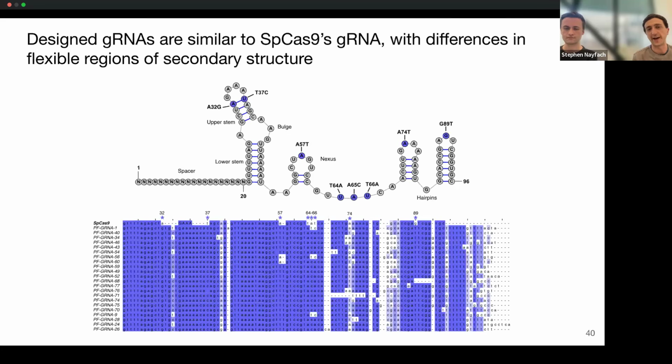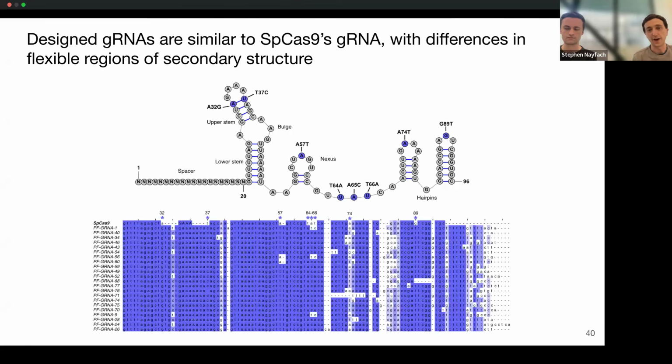Another interesting result we found was that, so maybe I'll take a step back and walk you through this figure. In the bottom part of this figure, we have SP-Cas9's guide RNA shown on the top, and a multiple sequence alignment of generated guides on the bottom.